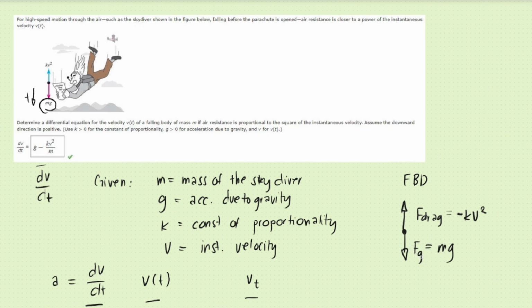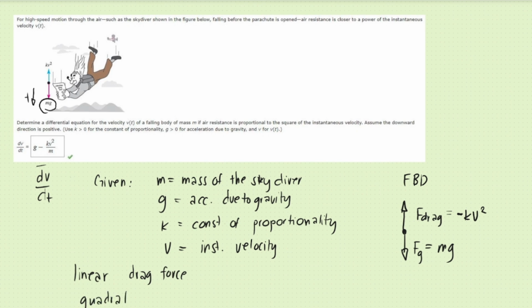We have F of G, the gravitational force, equal to mg, and the dragging force or air resistance, which is directly proportional to the square of the velocity. In other problems, we have either linear drag force or quadratic drag force.